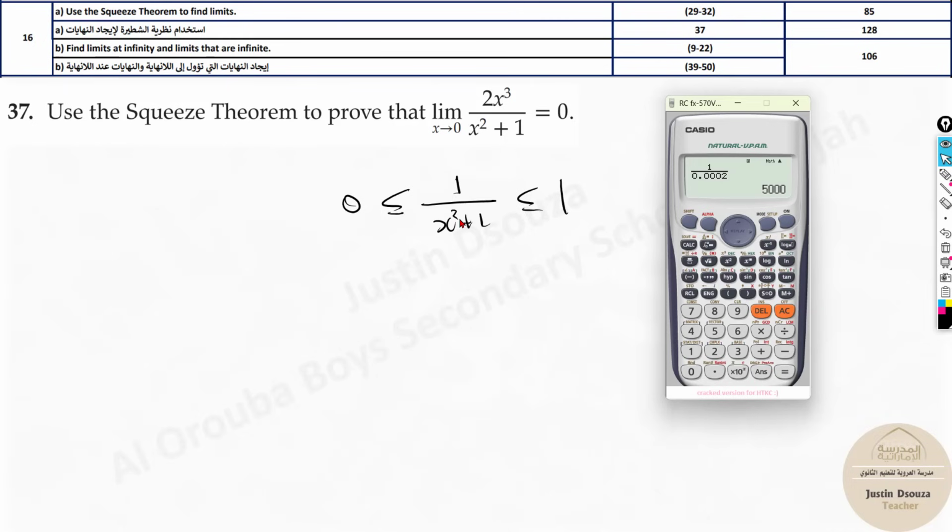Let's say we take a very small number, 0 point something, squared. Since you're adding that small number to 1, it will be 1 point something. So it will be very close to 1 itself. It can never ever exceed 1.